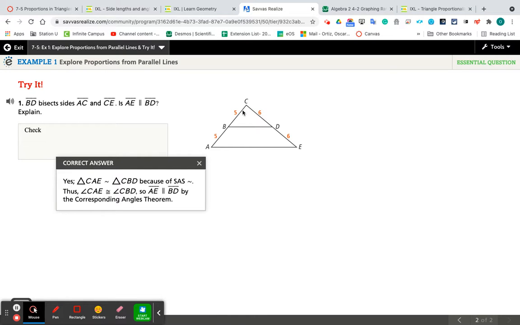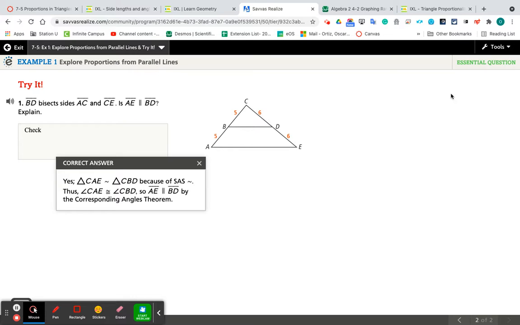So that's in this case angle C. Because of that criteria, which is another way to prove two triangles are similar, we can tell that those two lines, BD and AE, are parallel due to the fact these two angles are congruent. If corresponding angles are congruent, then those two lines must be parallel.